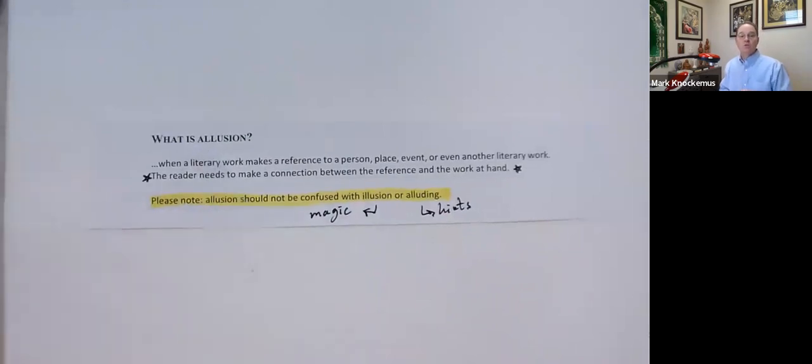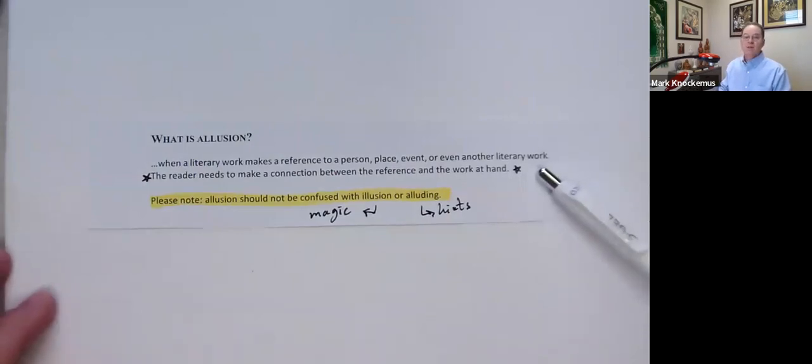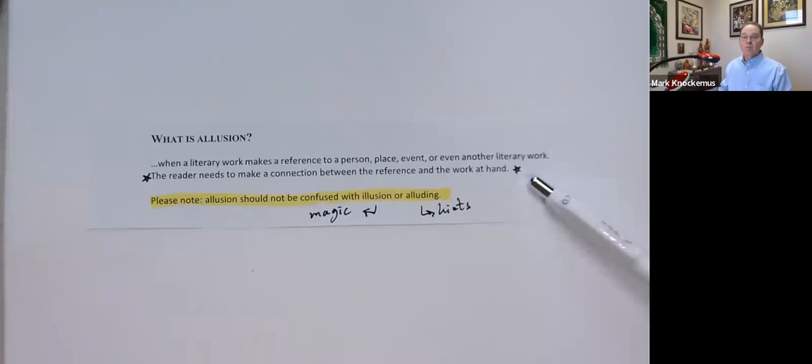So what is allusion? That's when a literary work makes a reference, and that reference could be to many different things: person, place, event, or even another literary work. And oftentimes, allusions that involve other literary works involve mythology, such as Greek mythology.